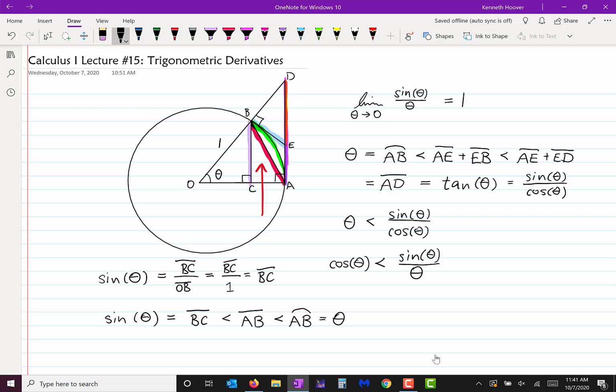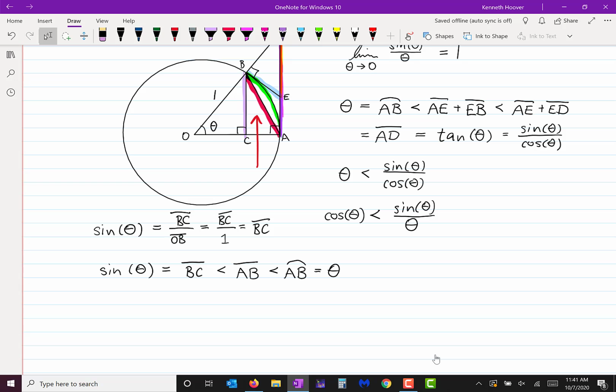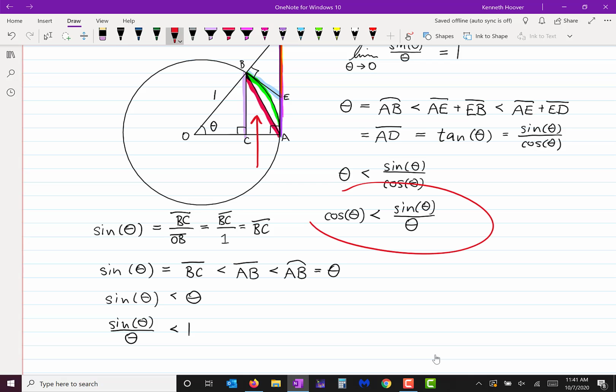So the sine of theta is less than theta. Which means sine of theta divided by theta is less than 1. We're going to go over here and let's add that on there.